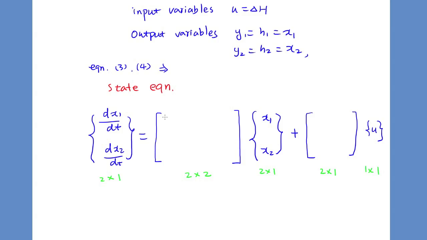Fill in the numbers: minus 1 over R1 A1 minus 1 over R2 A2 times x1 plus 0 times x2 equal to 1 over R1 A1 times u. Got the first equation. Similarly, we can write out the second equation in matrix form.